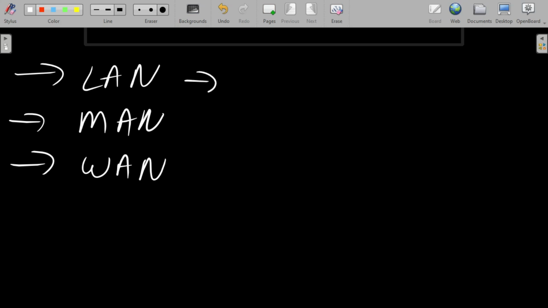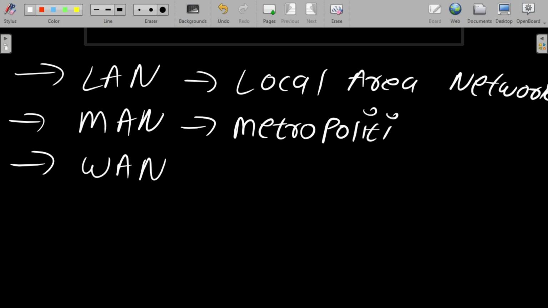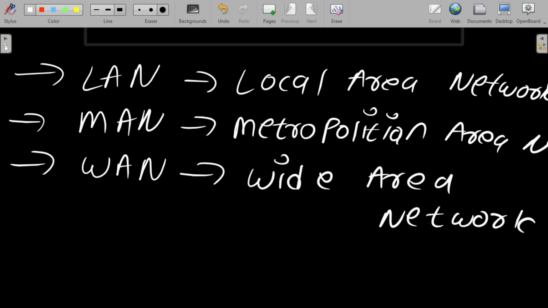LAN stands for local area network. For MAN, M stands for metropolitan area network, and WAN stands for wide area network. So let us see one by one.